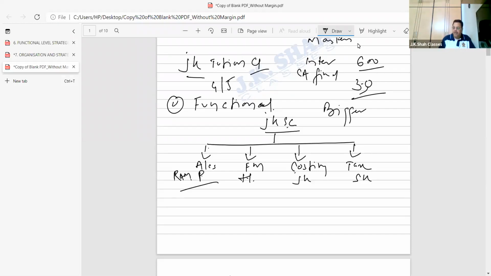Am I right? There is division of work. When there is division of work, the best advantage is that these people who are teaching accounts, FM, they become specialists in their jobs. Am I right? They start specializing in the work.